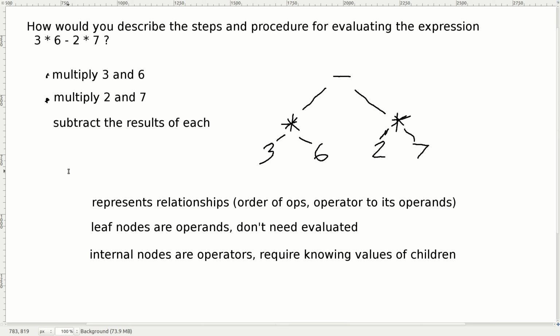But what we'll find is these are very useful in being able to represent these expressions, and as we move on beyond today's stuff, we'll see that the structure of these expression trees allows us to think a little more about how we move through a tree and how we use the values within that tree.